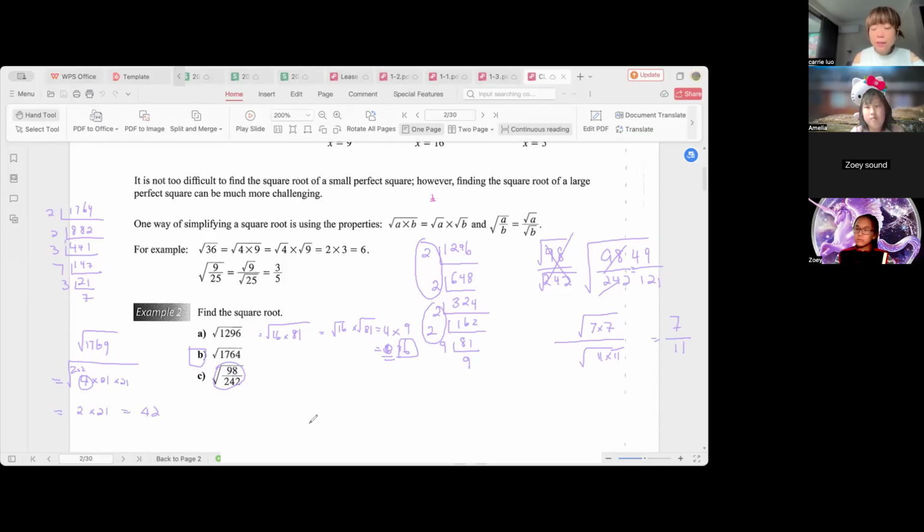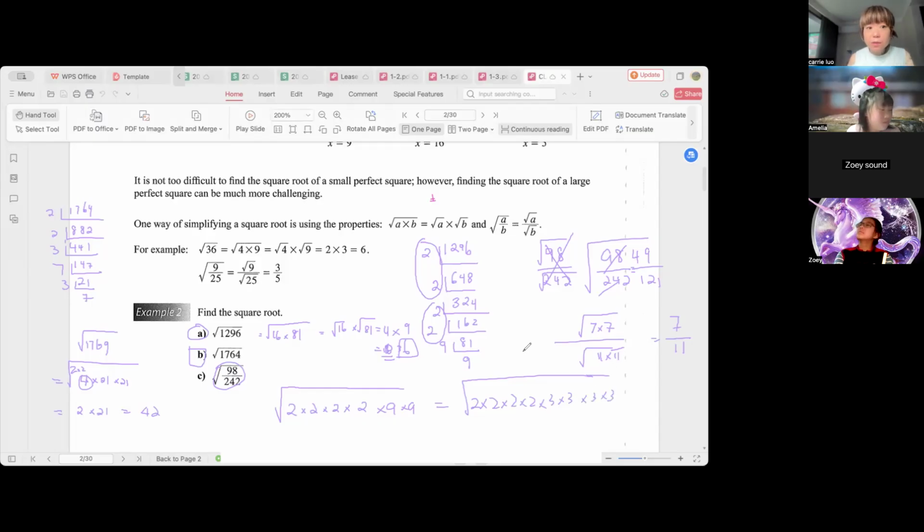Okay, I just want to clarify with you all together again. I'm just using number A as an example. Just go back to number A. If you take a look at this one, the 1296 could be rewritten as 2 times 2 times 2 times 2 times 9 times 9. Or if you're not very familiar with this one, we can do 2 times 2 times 2 times 2 times 3 times 3 times 3 times 3, right?